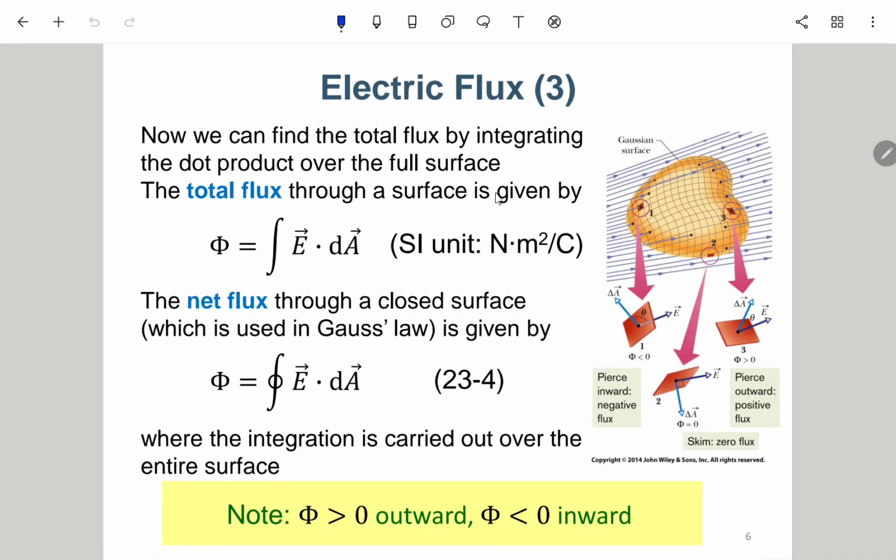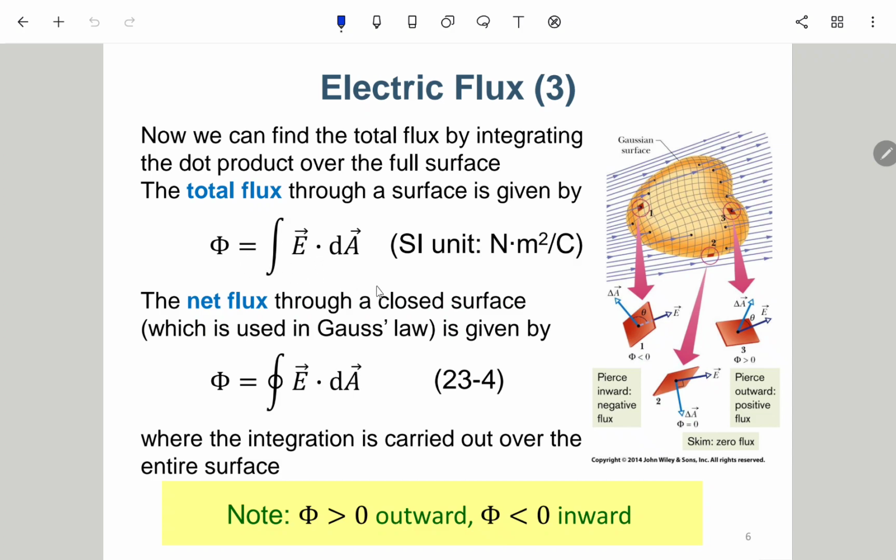Okay, so here we try to define something called the total flux and net flux. The total flux through a surface is given by this surface integral.